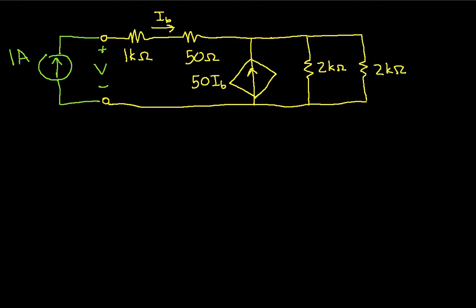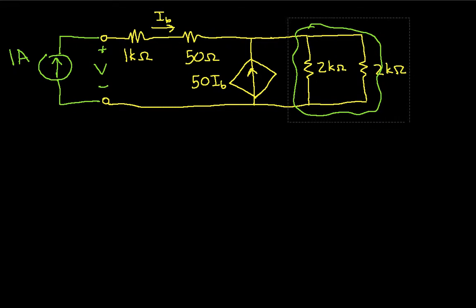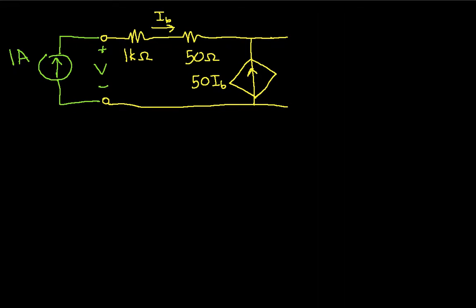This will tell us what the Thevenin equivalent resistance is. Okay, and to make things go faster, I'm going to combine these two 2K ohm resistors in parallel, and replace them by a single 1K ohm resistor. That's the equivalent resistance. So this is 1K ohm.